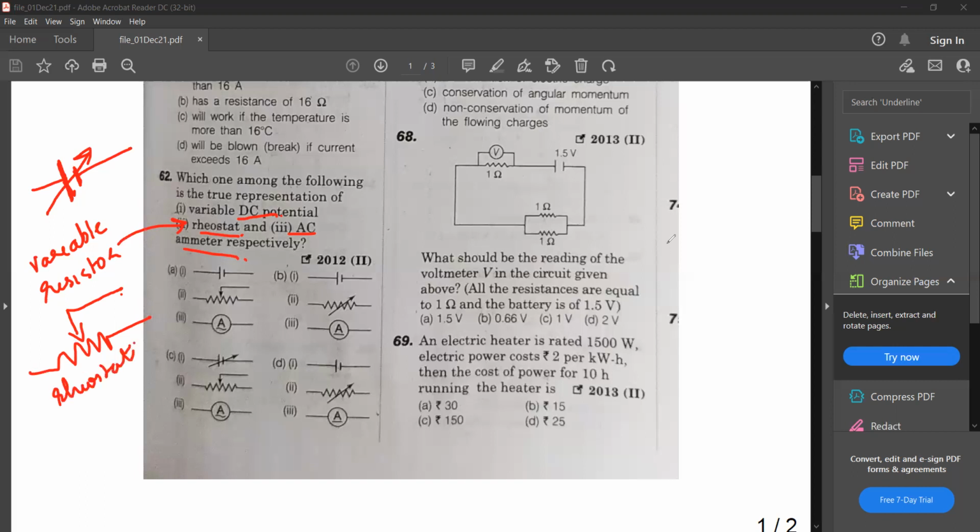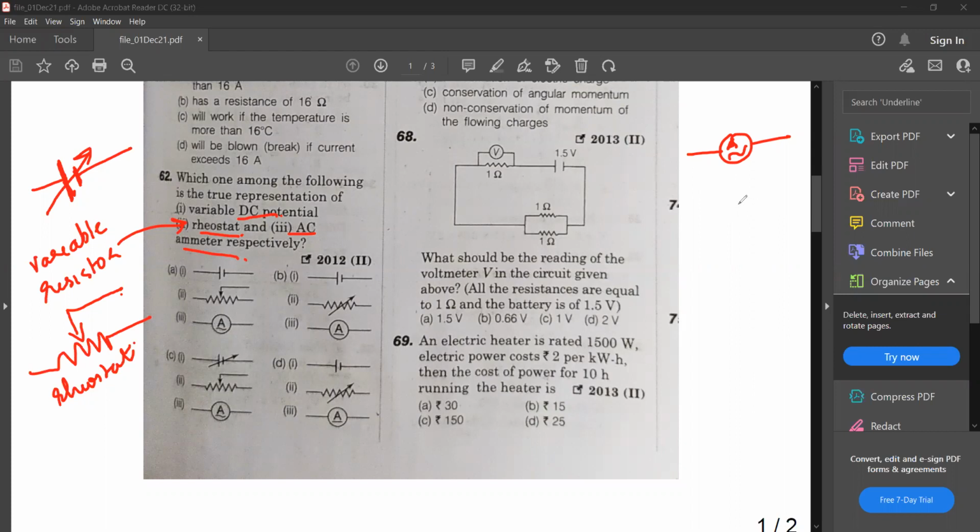Then next is AC ammeter. What is the symbol for ammeter? This is the symbol for ammeter. AC means alternating current, isn't it? So you'll draw it in the ammeter like this. That is AC ammeter. AC means alternating current, DC means direct current.